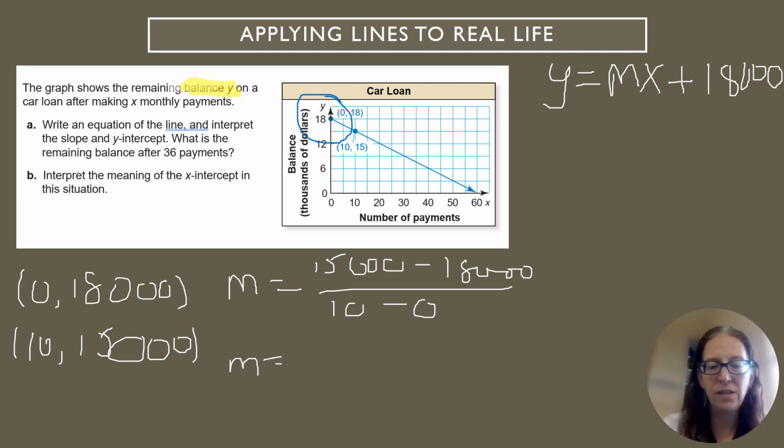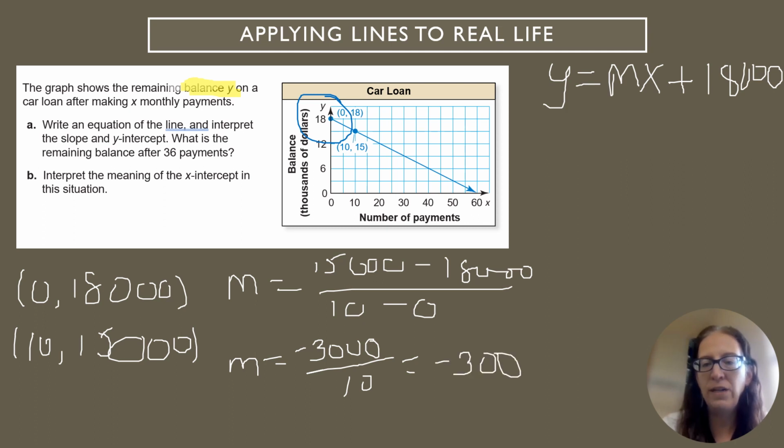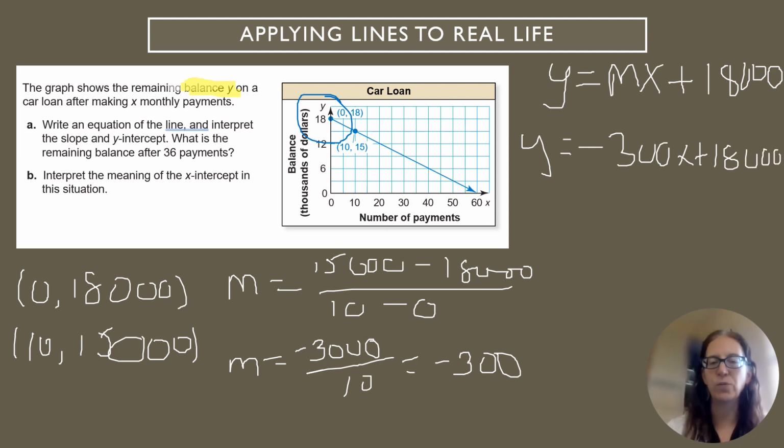So this is negative 3,000 over 10, which is negative 300. And so my equation is y equals negative 300x plus 18,000. Okay, first part of it's done.